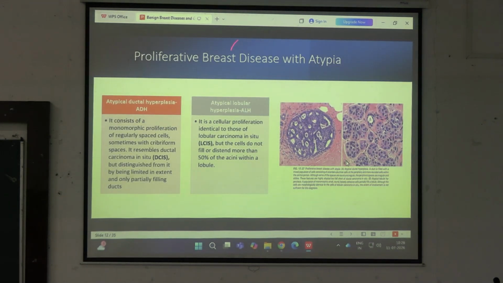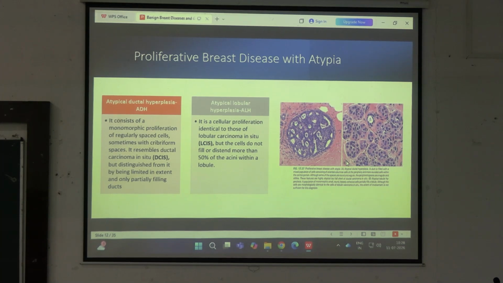So, proliferative breast disease with atypia has only two entities: atypical ductal and atypical lobular hyperplasia. We already know hyperplasia means an increase in the number of cells.